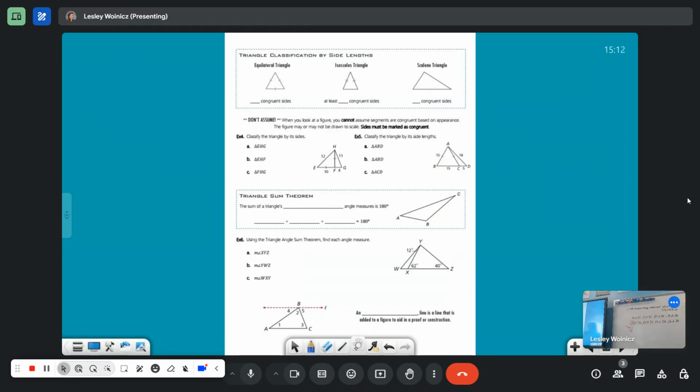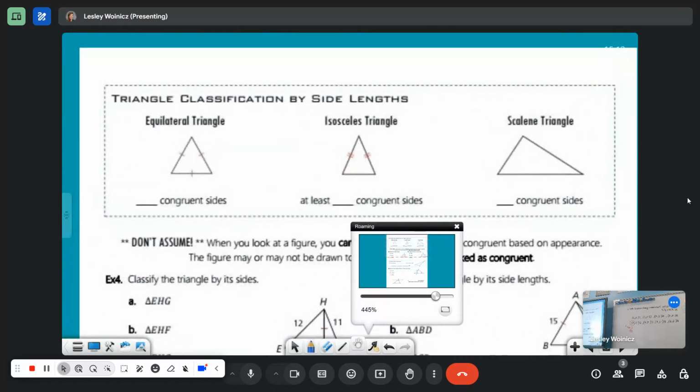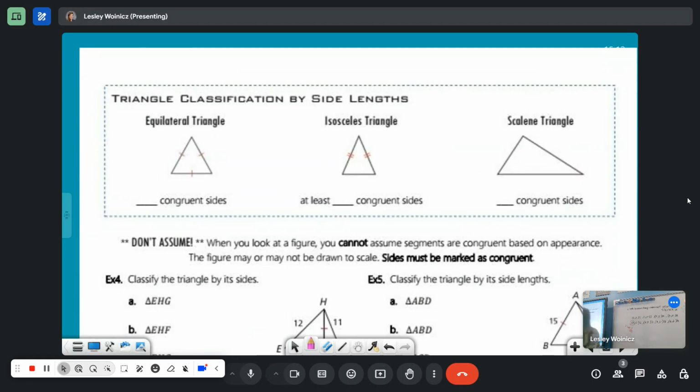All right. Triangle classification by side lengths. Now, if all 3 of my sides are the exact same length, what do you think happens to all 3 of my angles? Yeah, they're all the same length too. So any triangle that's equilateral is also equiangular.